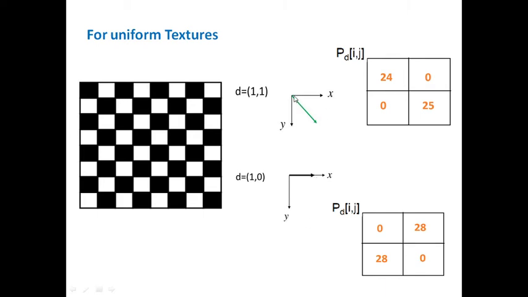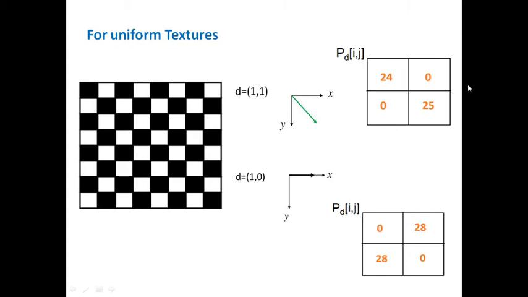Now I need to consider the diagonal here. That means i comma j pixels are connected with each other this way: moving right and coming down. So in this diagonal, i and j are related in this manner. For the other one, just moving right, no coming down, no diagonal.